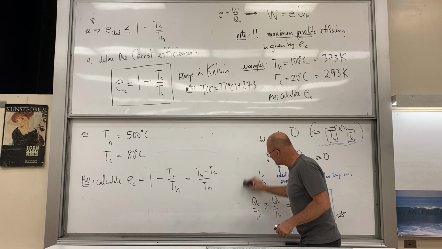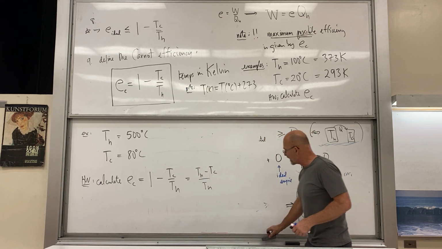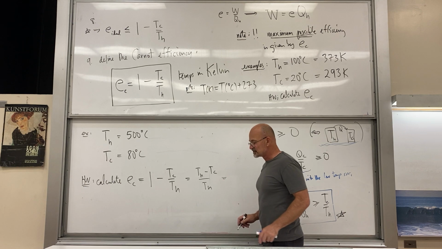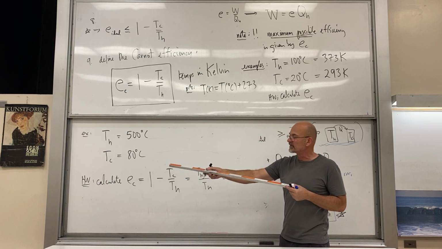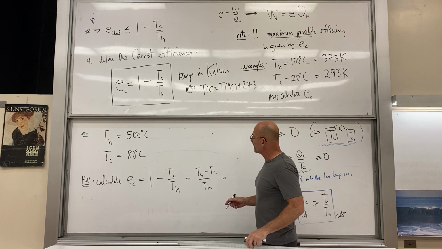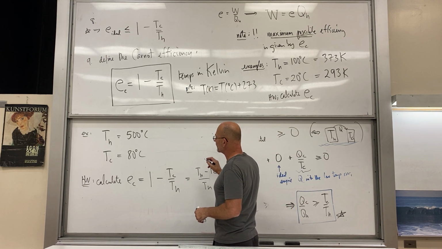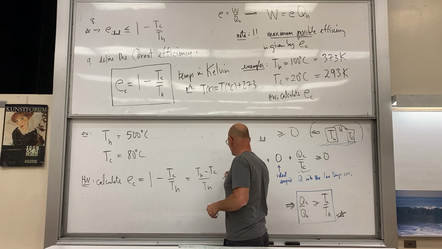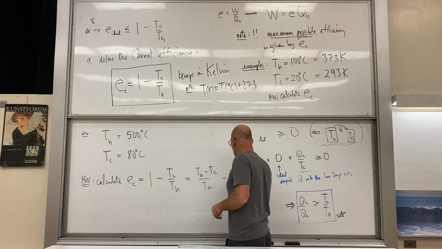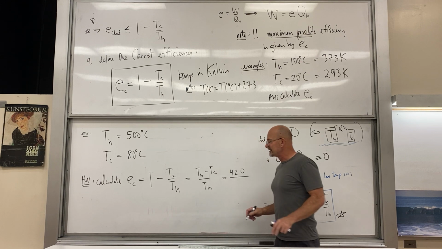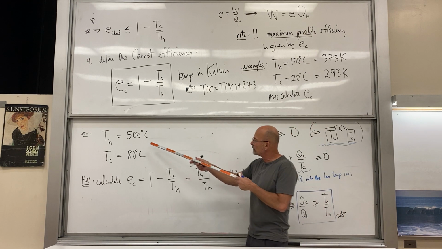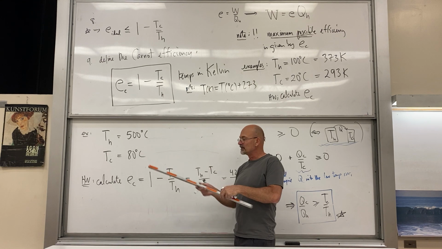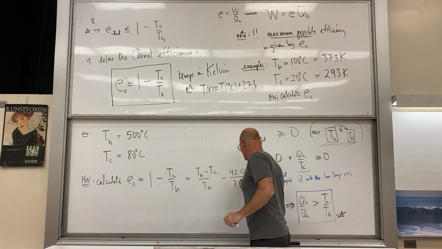And the utility of this is the upper temperature is just the difference of these, regardless of Kelvin or Celsius, it's the difference. And therefore, it can be written as, in this case, 500 minus 80 would be 420, right? 420. And then the TH has to be converted to Kelvin, so it's 500 plus 273, so that'd be 773.